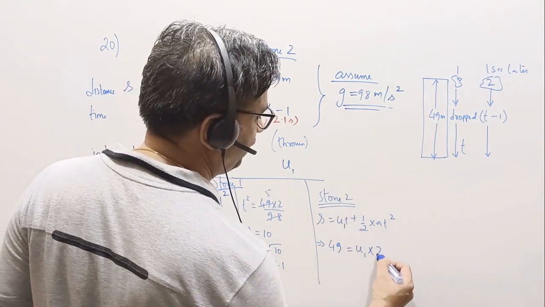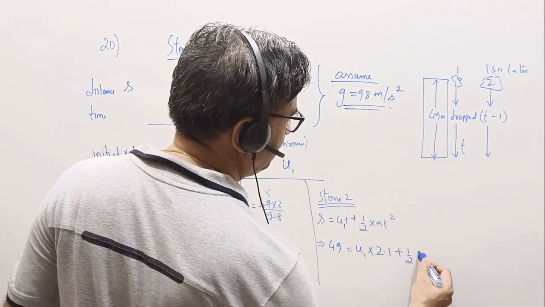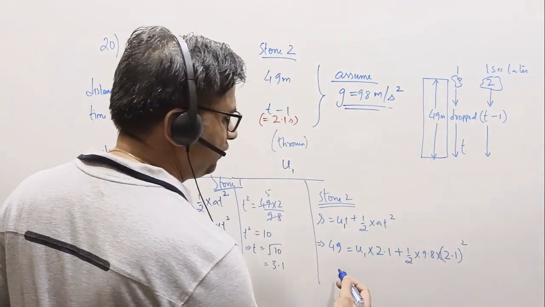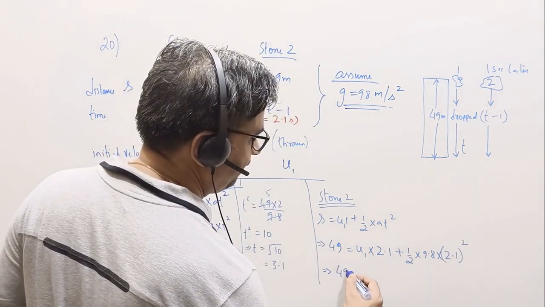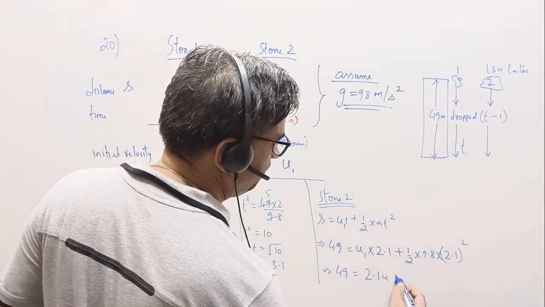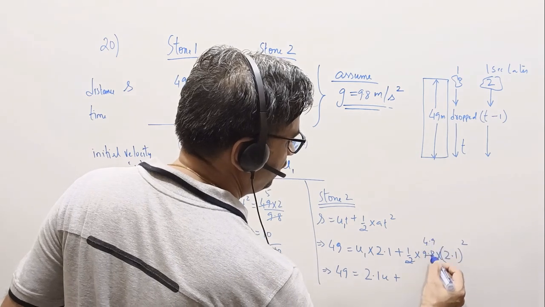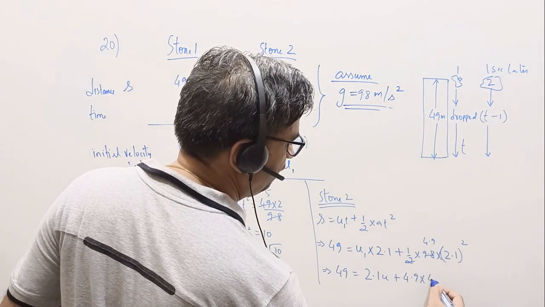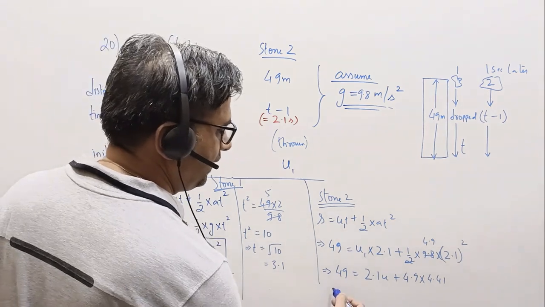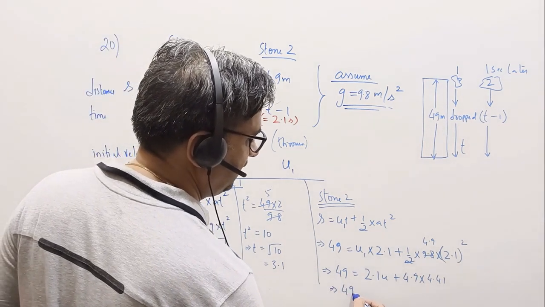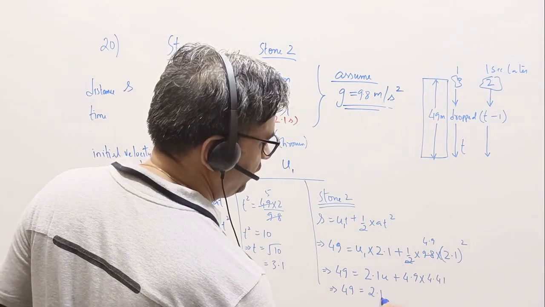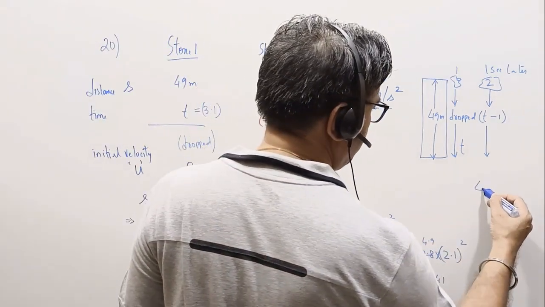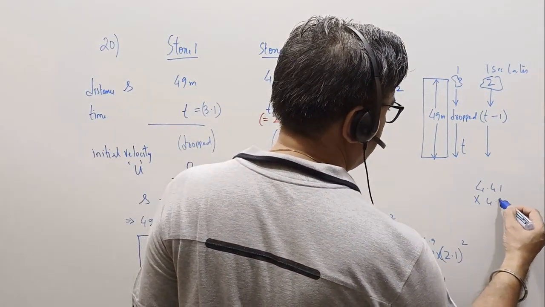T we found out, 2.1, plus half into g, 9.8, into 2.1 square. So 49 is equal to 2.1 u plus 4.9 into 4.41.